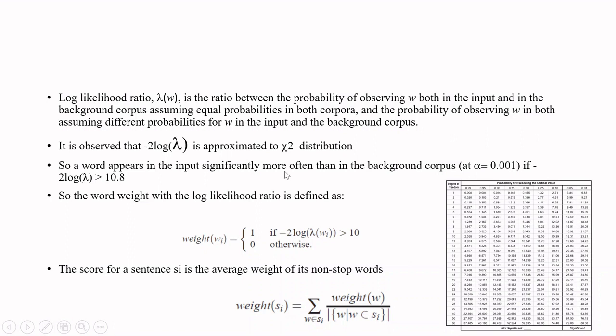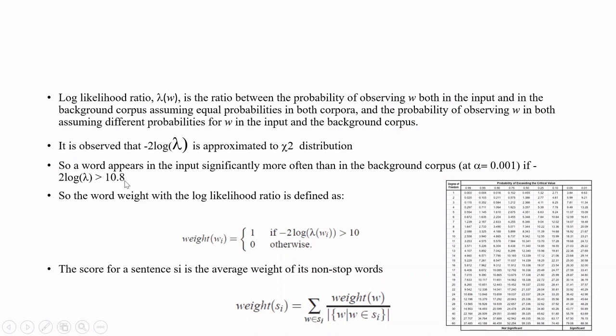So basically, we are trying to find the saliency of the word W, and we are finding the likelihood of the word occurring in the input compared to that in the background. It is observed that the word is significantly more likely to occur in the input than in the background if the log likelihood value we compute, that is -2 log lambda, is greater than 10.8.